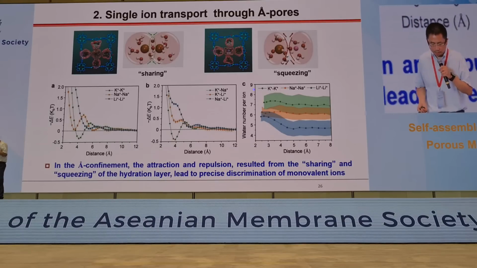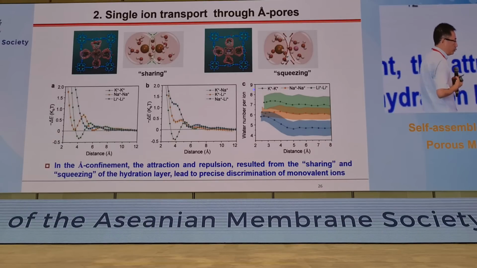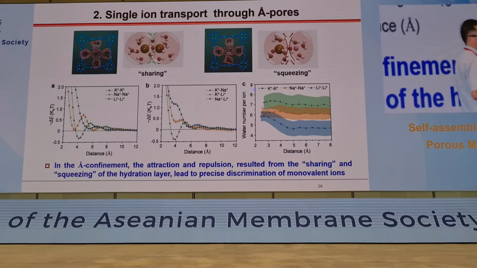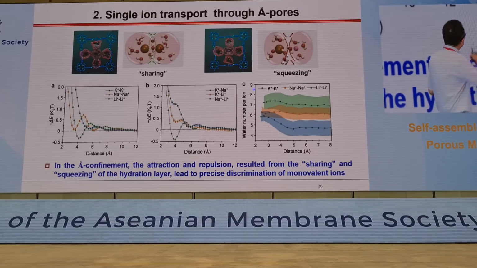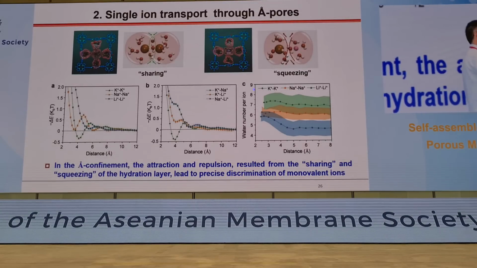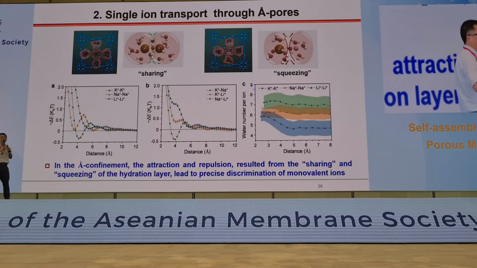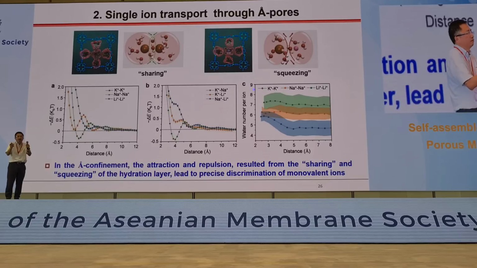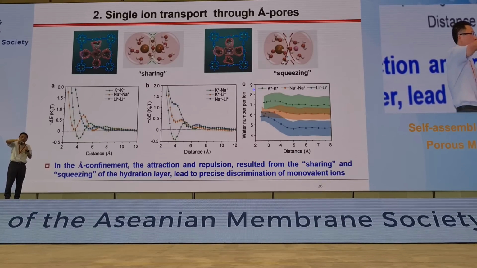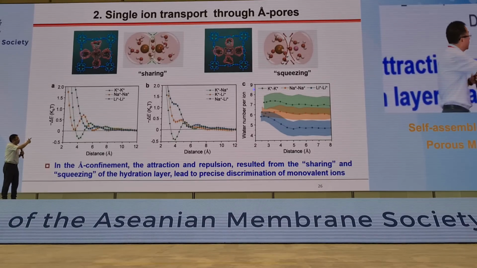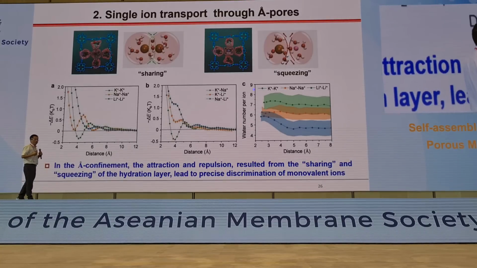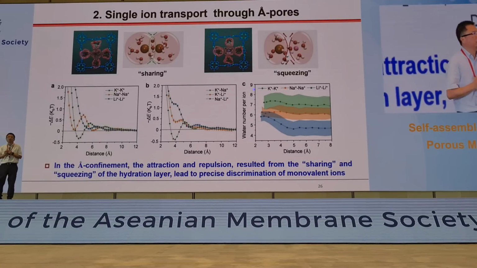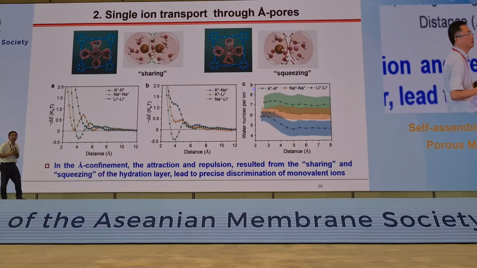Yeah, very good question. I think this comes from the different structure of the hydration layers of these ions. If you check potassium, you will find that the hydration layer is flexible because, from the theory, potassium ions have a large size, so the hydration layer is more flexible. But for sodium and lithium, because their diameter is very small, their hydration layer is very solid, or you can say it's rigid.